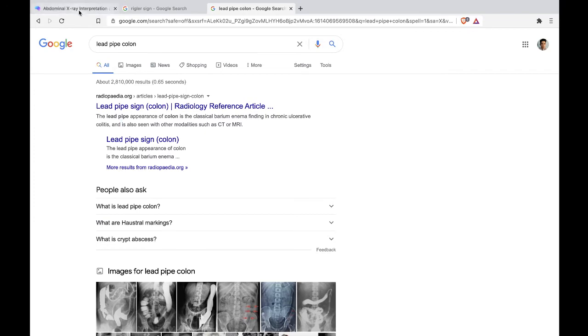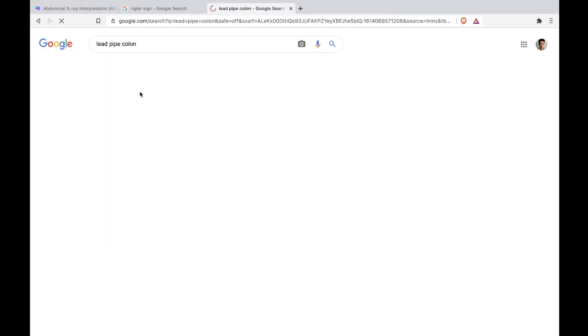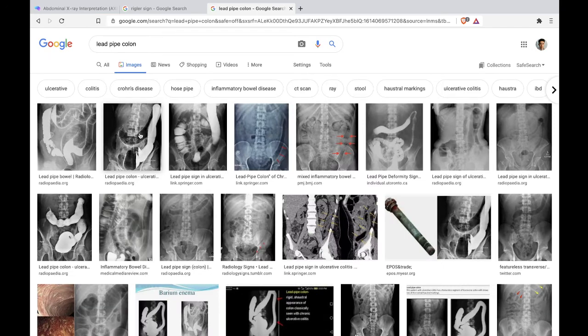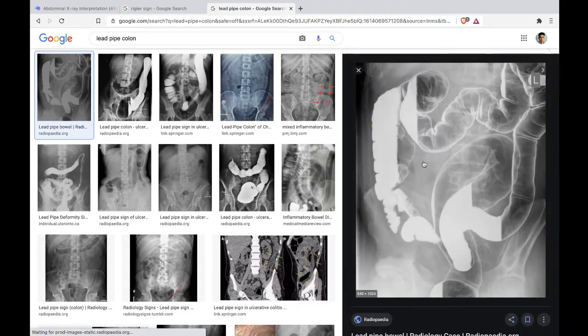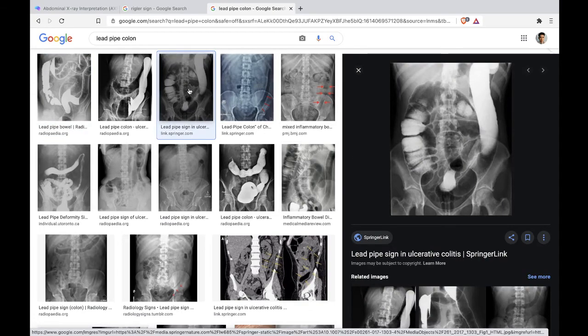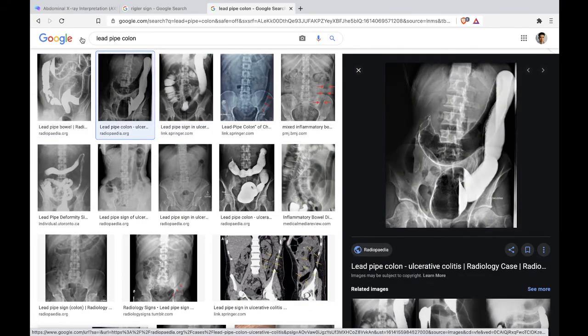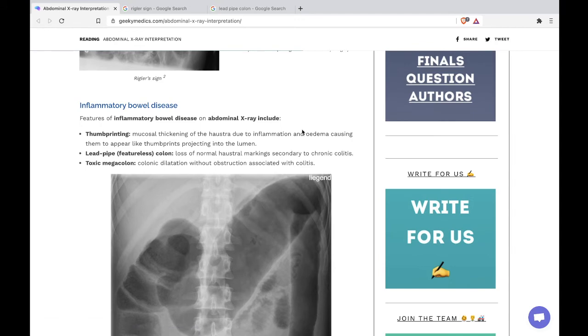Yes, that's the pathology. I should just show you. It's very distinct. Normally there are haustra, but over here it's straight all the way without any curves. That's why you call it lead pipe colon. Never forget this. This is ulcerative colitis.